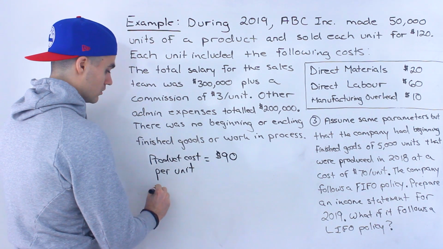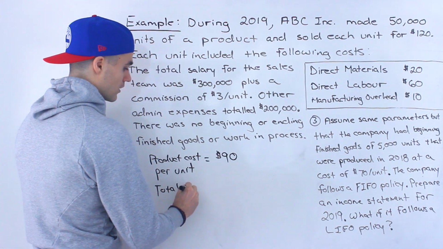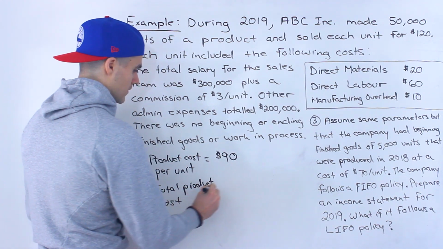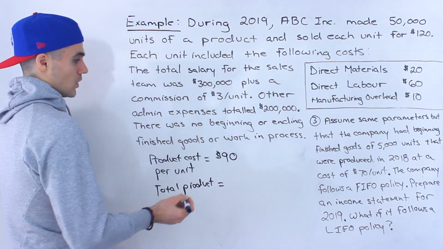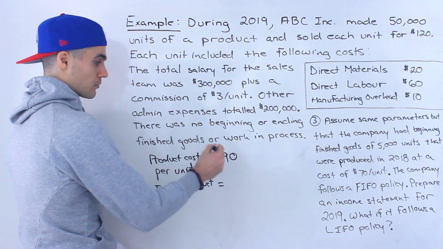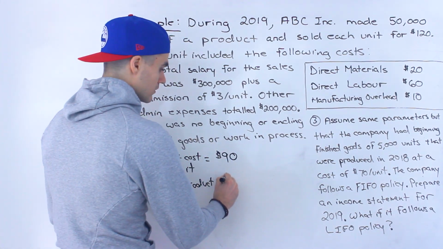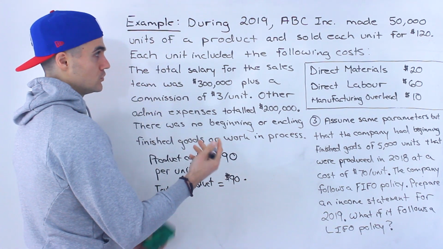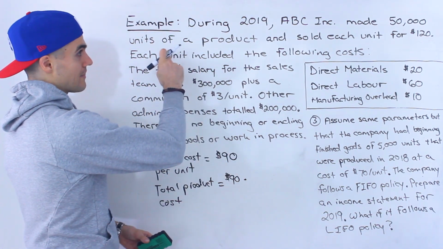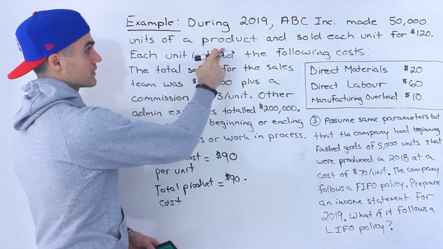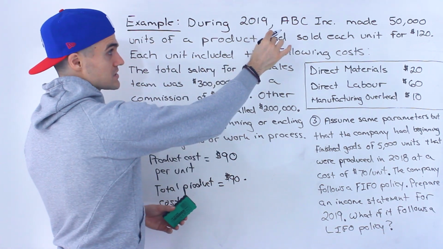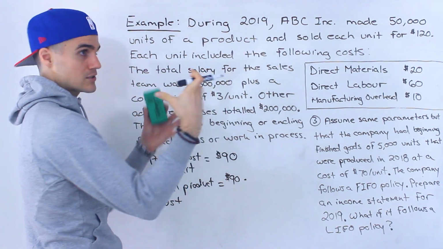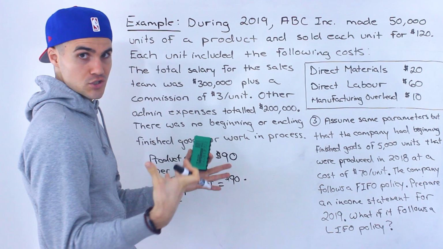Now the total product cost, what's that going to be? It's going to be the product cost per unit, the $90, times the number of units that were produced. We're told that ABC Incorporated made or produced 50,000 units of a product, and then they sold each of them as well.